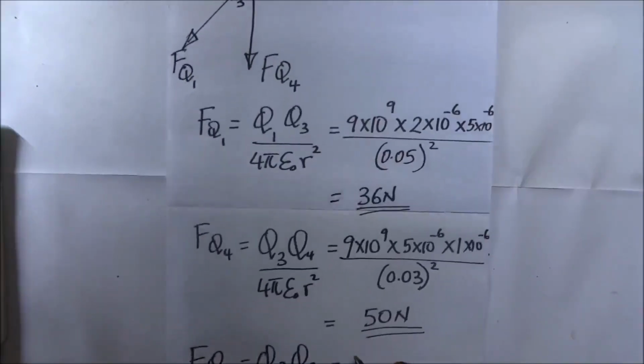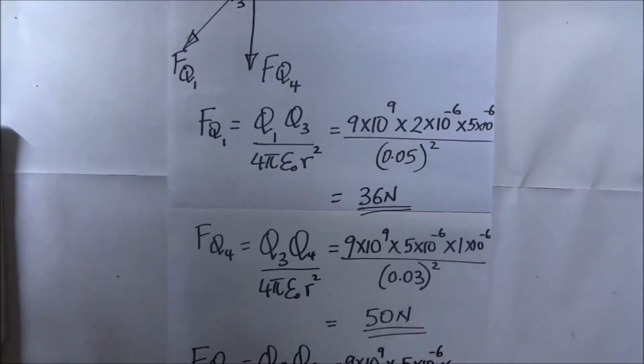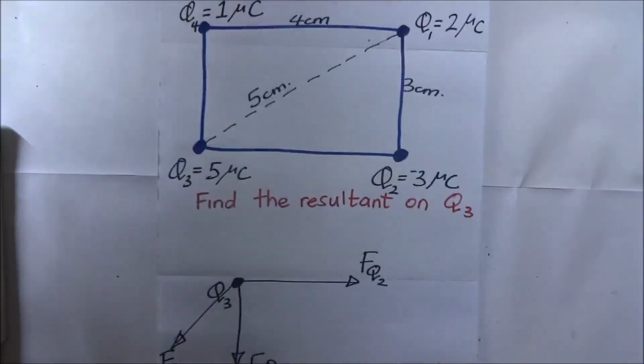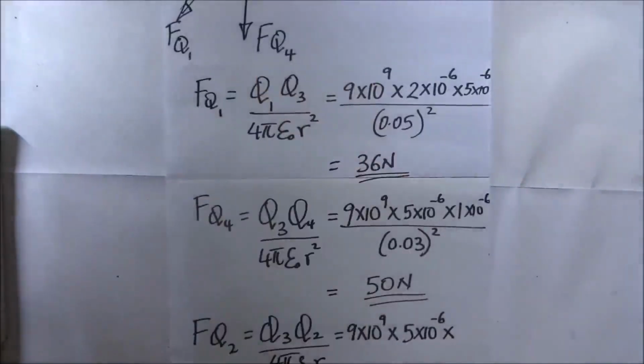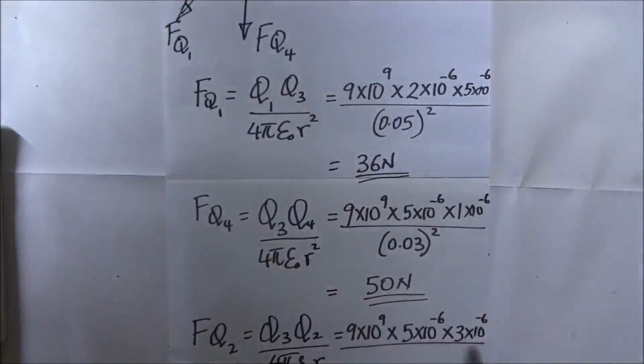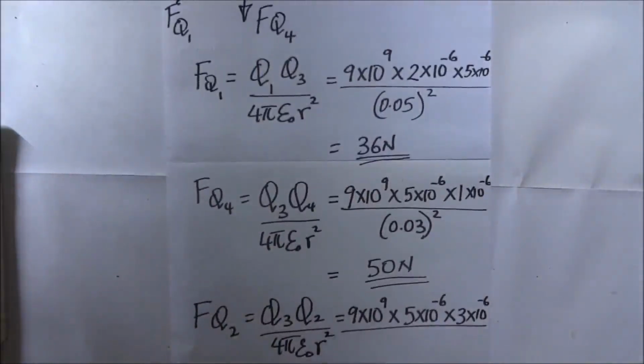That's going to still be 9 times 10 to the power 9, times Q3, which is 5 times 10 to the power negative 6. Multiply that by Q2. Now Q2 is 3 microcoulombs, so it's going to be 3 times 10 to the power negative 6. Divide all that by their separation.